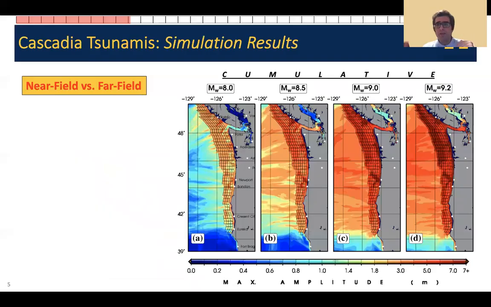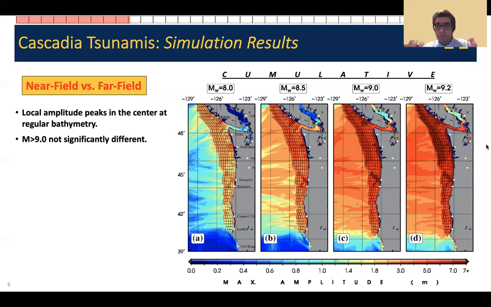Now, I can use these surface deformations to produce tsunami simulations, and the maps that you can see here are cumulative fields of maximum tsunami amplitudes across all of the rupture scenarios in any given magnitude threshold. So, for example, here on the left, I have the magnitude 8 ruptures, and I'm increasing the magnitudes to the right.